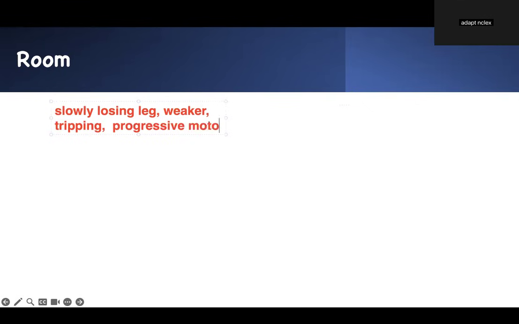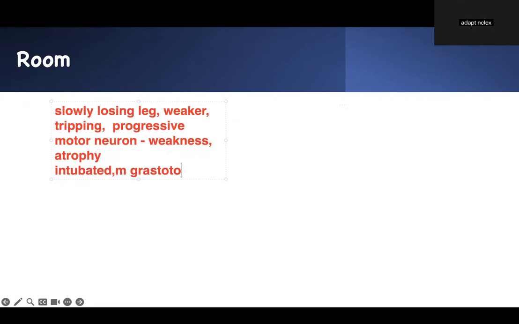It's due to motor neuron disease, as you read in the chart. And he's going to be weak and he has atrophy. Is he intubated? He has a gastrostomy for feeding. And they told you there's nothing they can do about this patient. But he's going to die in 6 months. He has respiratory failure.